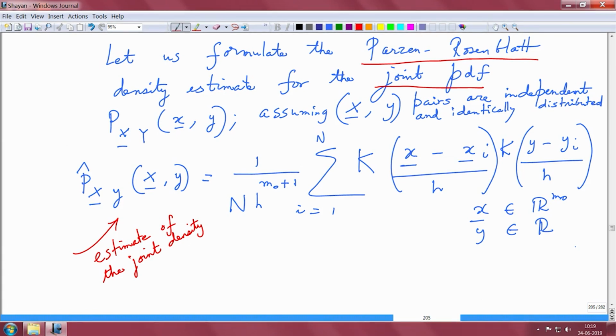Now, we can estimate the joint in this form, and we know how we can estimate the marginal because we wrote how we can do the estimation. So, now we are almost there to simplify this problem.